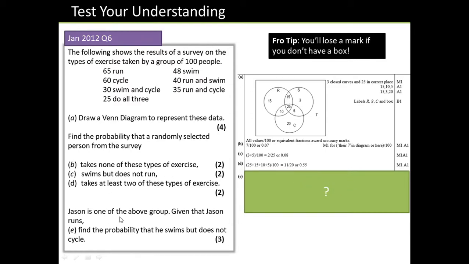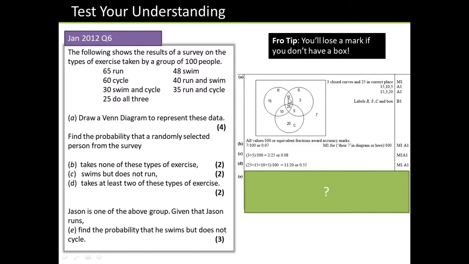The last question didn't have the part of the mark scheme, so I've just typed up the answers for this one. So Jason's one of the above group. Given that Jason runs, so Jason is definitely a runner and he's part of the group, so he is somewhere in this circle for sure. So you can forget about anything else, it's just that circle you're interested in. Find the probability that he swims but does not cycle.